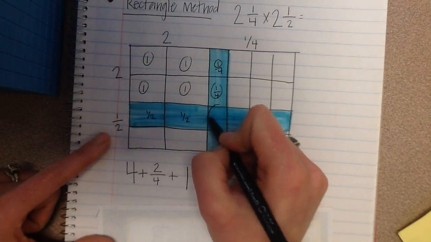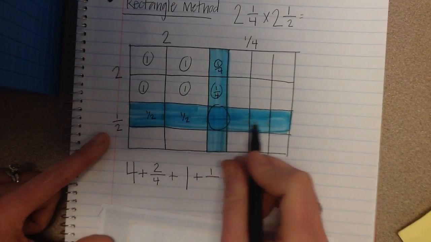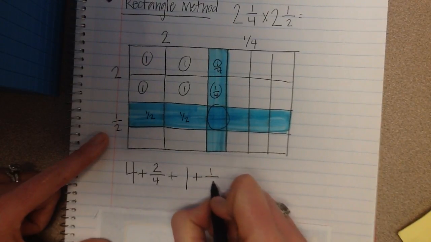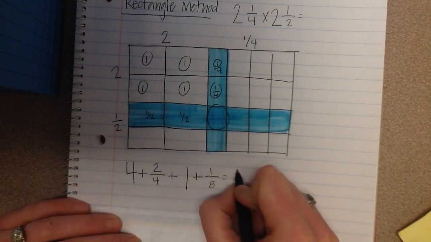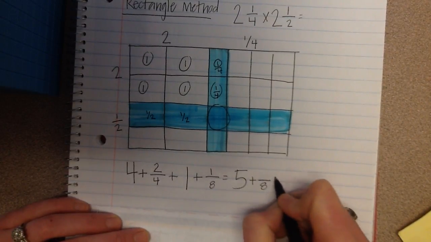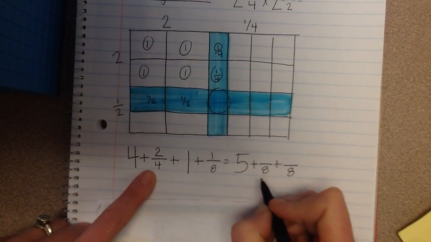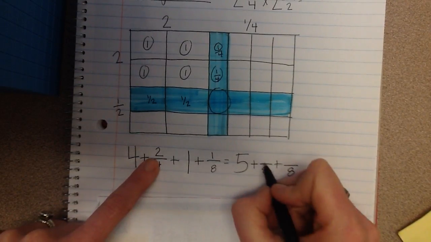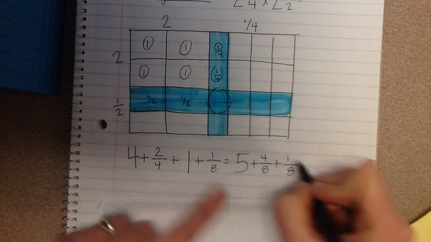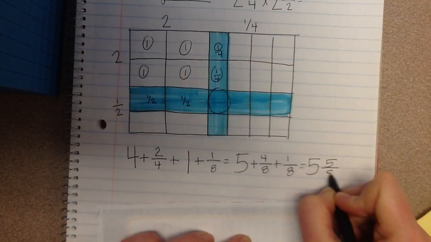And then here we only have this one, and that's 1 out of 1, 2, 3, 4, 5, 6, 7, 8. So now we can add them together, plus something over 8 plus something over 8. How did 4 get to 8? Times 2. 2 times 2 equals 4. So 5 and 5/8.